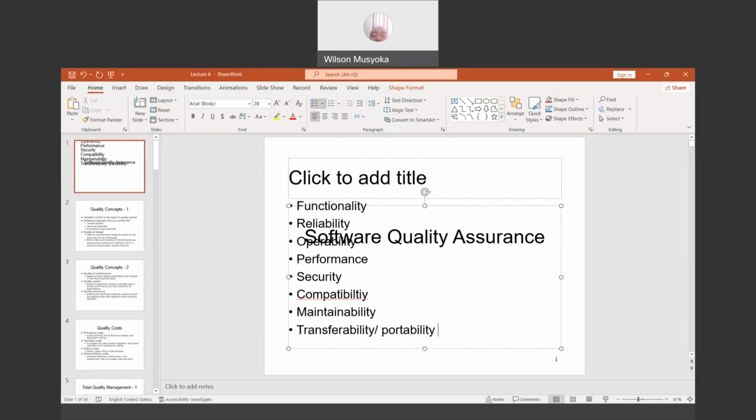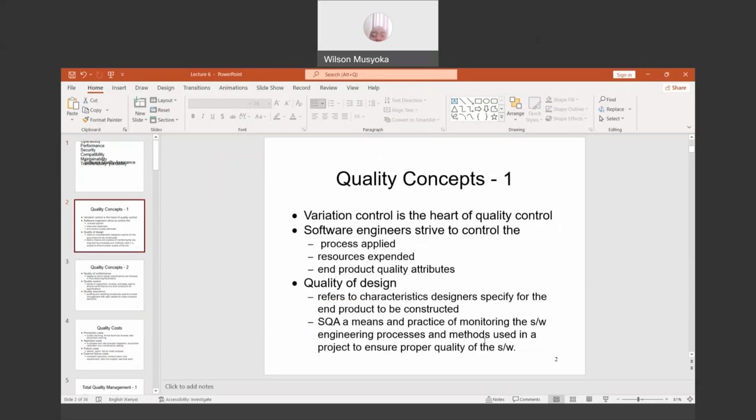So those are the attributes we normally look at when we are talking about quality, and that is what we are trying to ensure when we are defining software quality assurance.